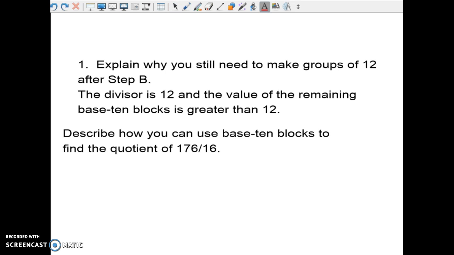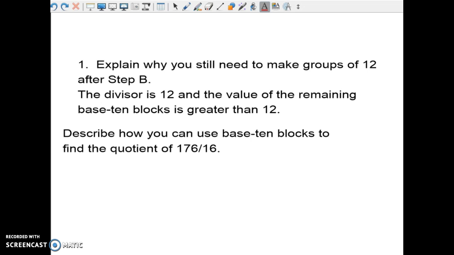Okay, then number 2 says, describe how you can use base 10 blocks to find the quotient of 176 by 16. What's the first step we're going to do? We're going to get out 176 base 10 blocks, right? We're just going to describe it. Then what are we going to do? What are we dividing by? 16.